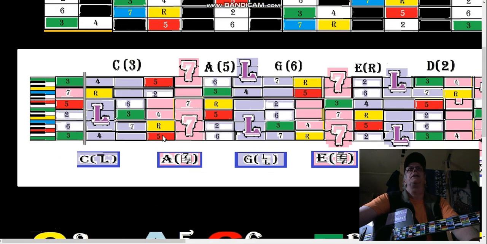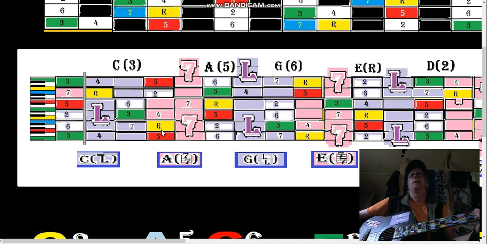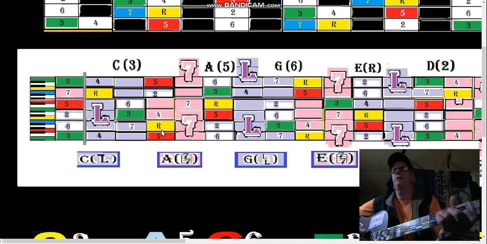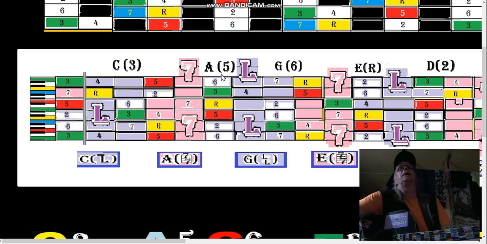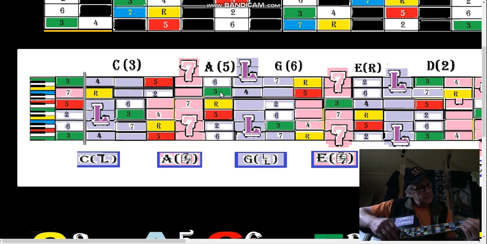So there's C, there's G, the fifth. Okay, C shape starting on the third. There's your familiar C, the long C. Okay, and then we go to the A, and the C chord of interest is second inversion A, 5 root 3.